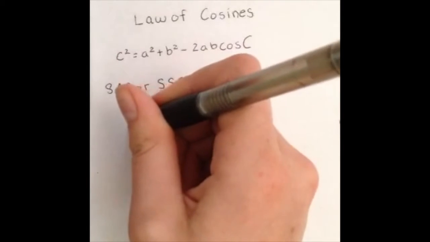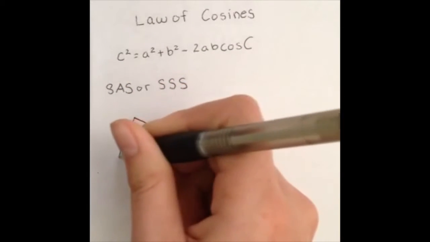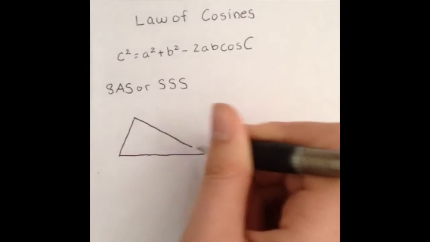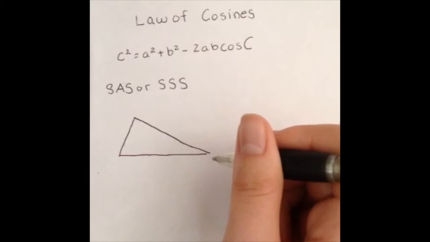Okay, so we're going to start off by doing an example of when to use law of cosines when we know two sides and the angle in between, or side angle side. So we're going to start by drawing a triangle and then labeling the sides and angles.